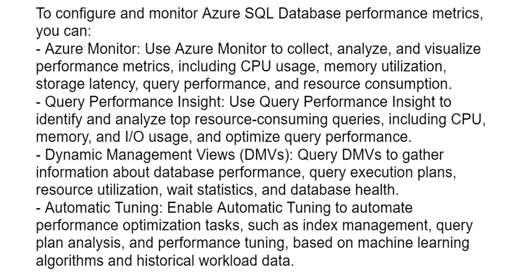And the fifth one is Automatic Tuning. Enable automatic tuning to automate performance optimization tasks such as index management, query plan analysis, and performance tuning based on machine learning algorithms and historical workload data.